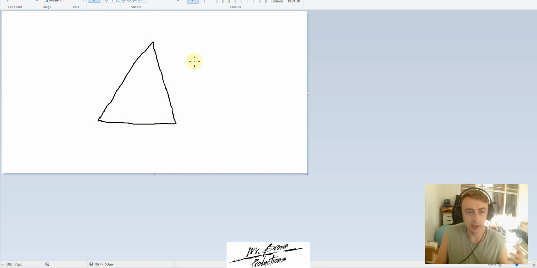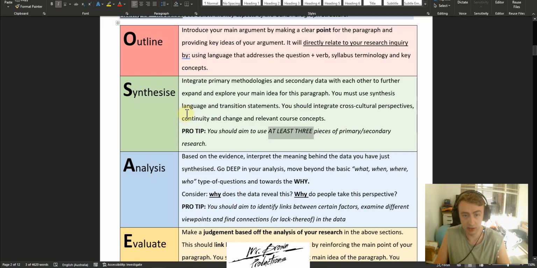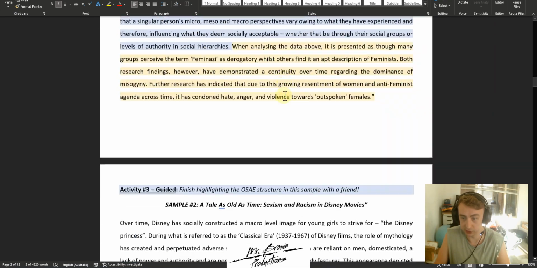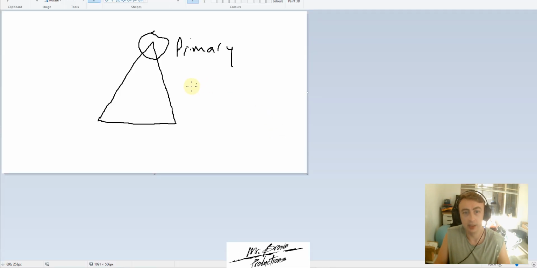Right. So the triangulation of research is the idea that you will refer to a primary source, okay? Let's say you're making a point, and the point here was about Disney princesses' social construction, yeah?